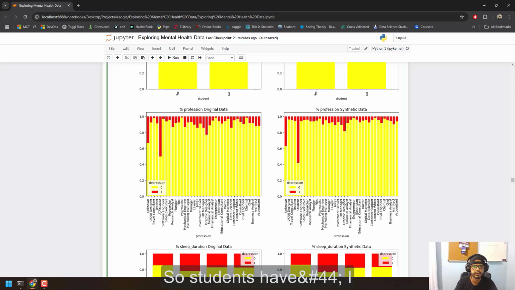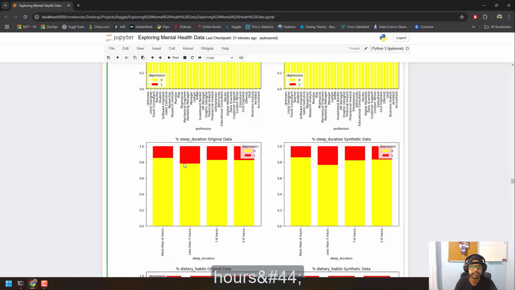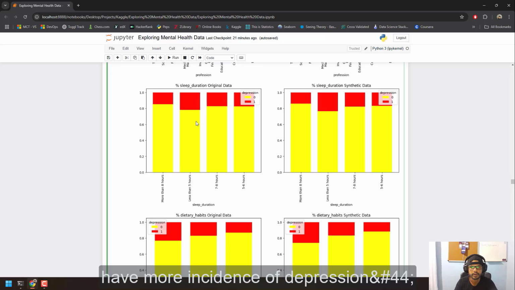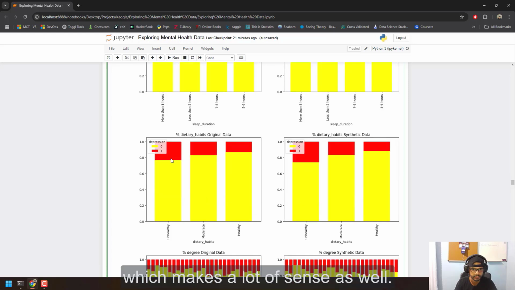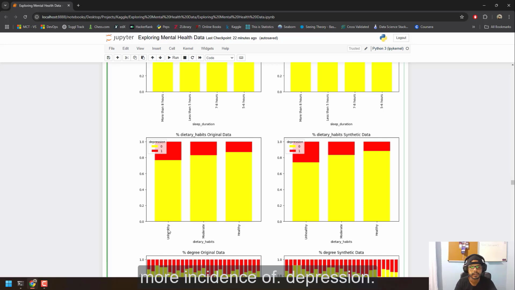Profession, where I created a profession category as student. Sleep duration, usually less than 5 hours, have more incidence of depression, which makes a lot of sense as well. Dietary habits, unhealthy people have more incidence of depression.